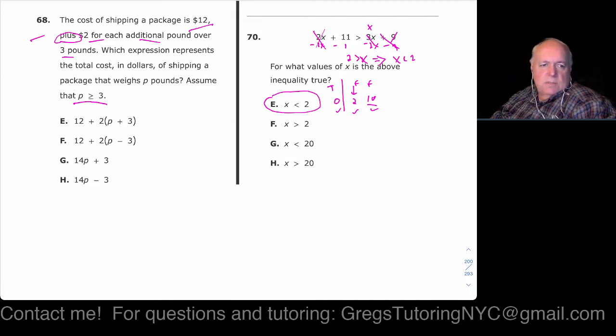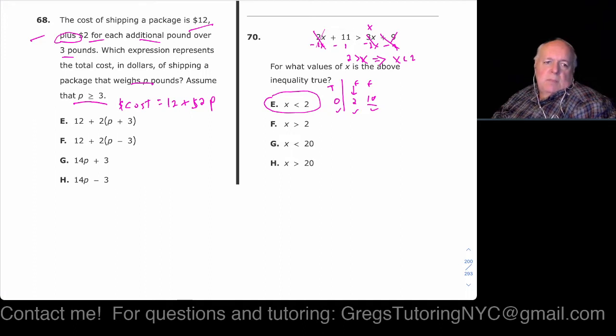The cost is going to be $12, a flat fee, plus $2 per pound. They're saying it weighs p pounds, so we're going to use p here, and the cost is going to be in dollars. So the cost is equal to 12 plus 2p.